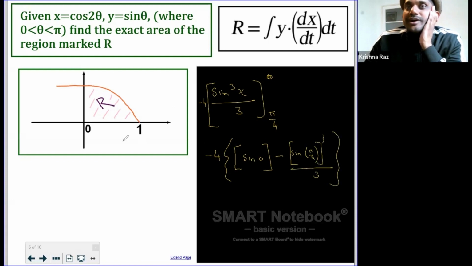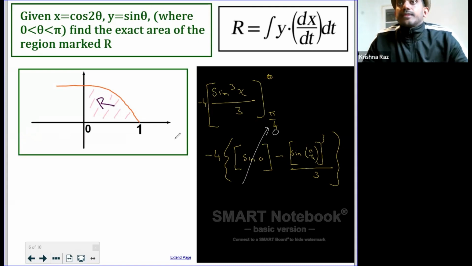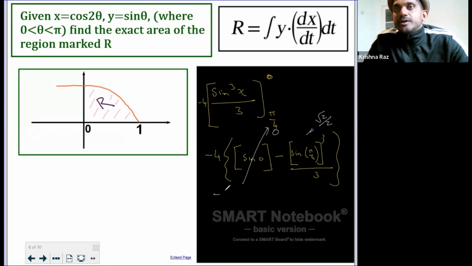Sine 0 cubed will give us 0, and sine pi by 4 will be root 2 over 2. So what we have is minus 4 lots of root 2 over 2 cubed times a third.